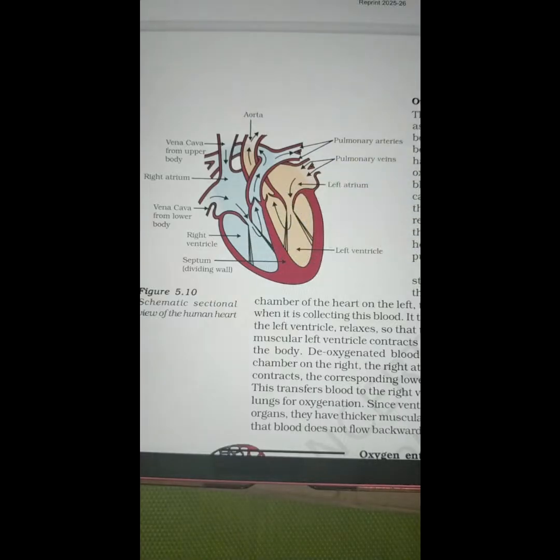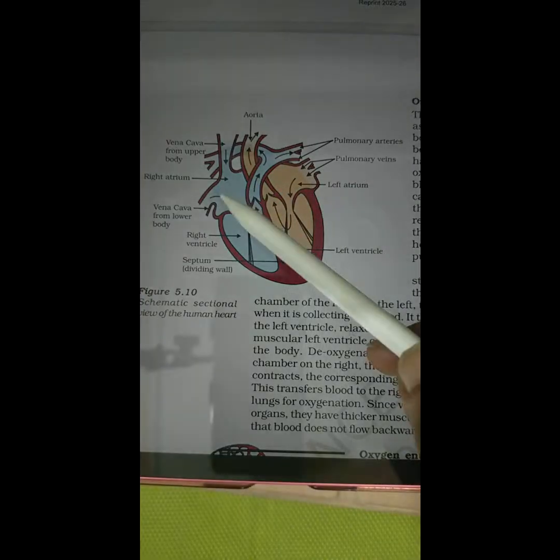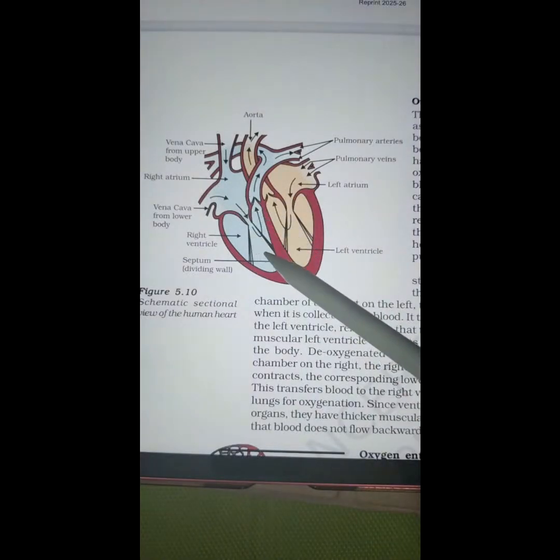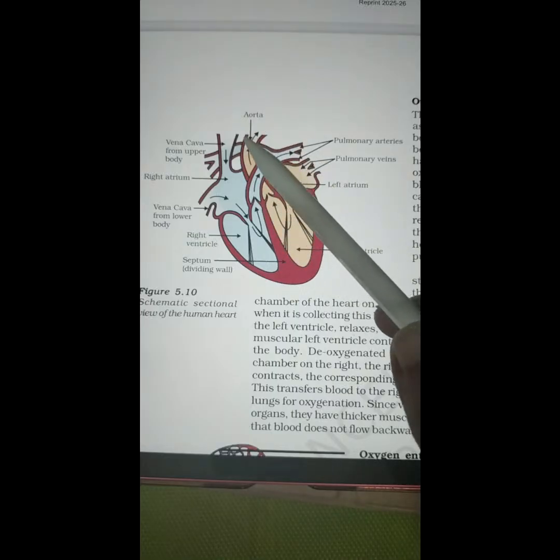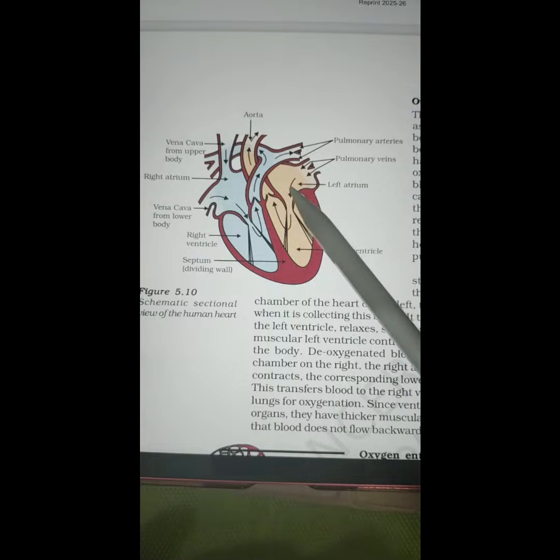That is why they appear blue, because they absorb all the color and reflect only the blue color. Arteries are deep seated in the body, very deep inside, right? So please see here there is a difference: the pulmonary artery will be at the top, the aorta will be at the top. The rest of the blood vessels that I have taught you will be similar to what I have told.